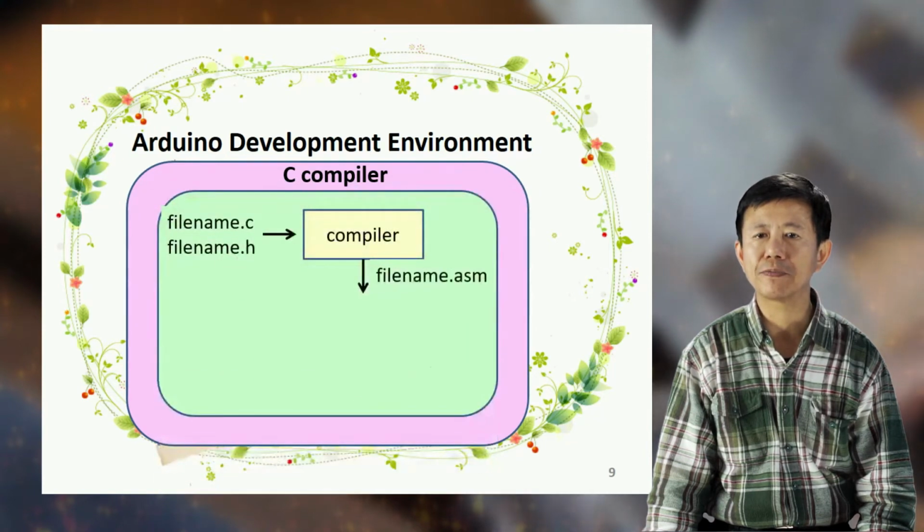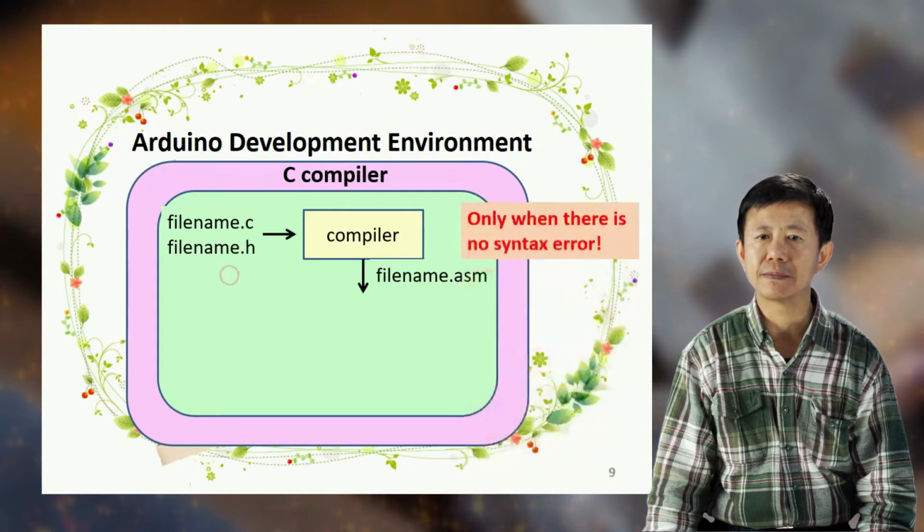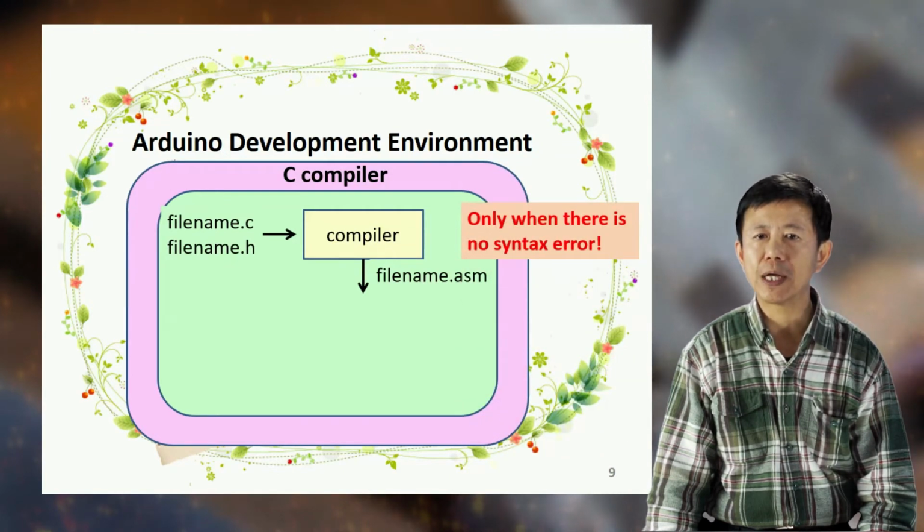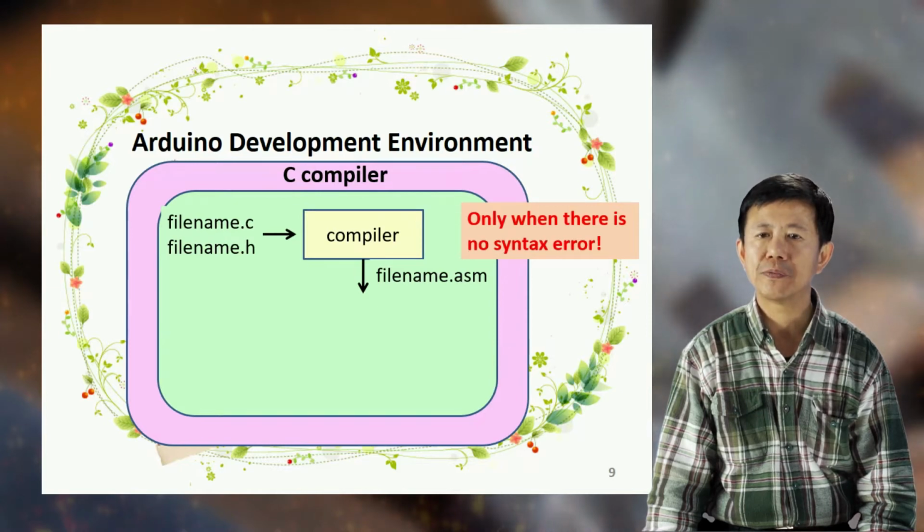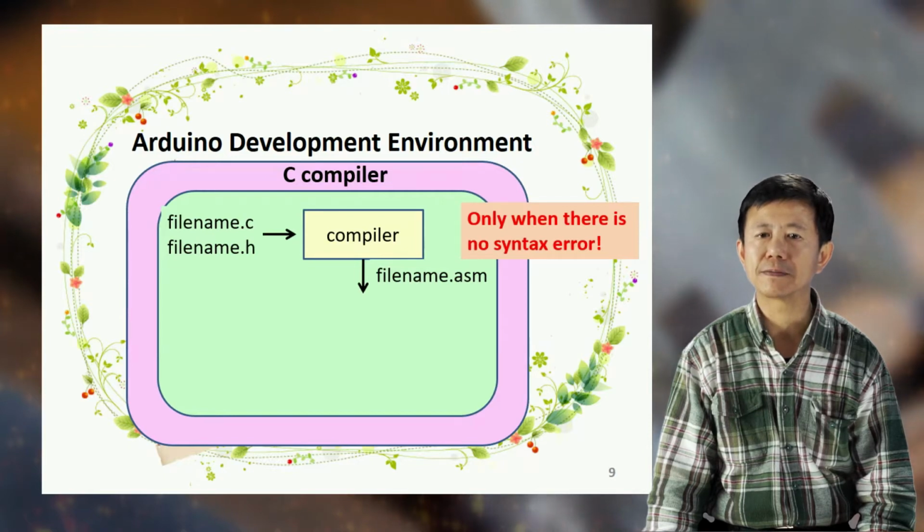First, it compiles files with extension name .c and .h to an assembly language file of extension name .asm. And the .asm file would be generated only when there is no syntax error. When the program source file contains incorrect use of C, the compiler reports these syntax errors to the user.